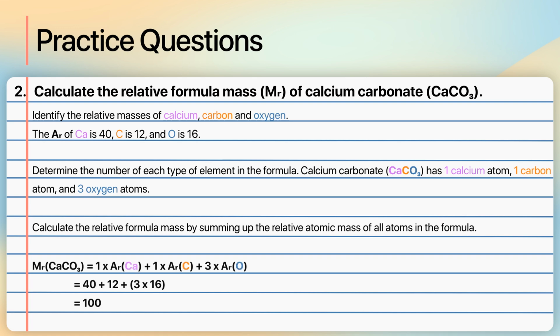The relative formula mass of calcium carbonate is therefore equal to 1 multiplied by the relative mass of calcium, which is 40, plus 1 multiplied by the relative mass of carbon, which is 12, plus 3 multiplied by the relative mass of oxygen, which is 16. This gives us 40 plus 12 plus 16 multiplied by 3, which is equal to 100. This makes the relative formula mass of calcium carbonate 100.